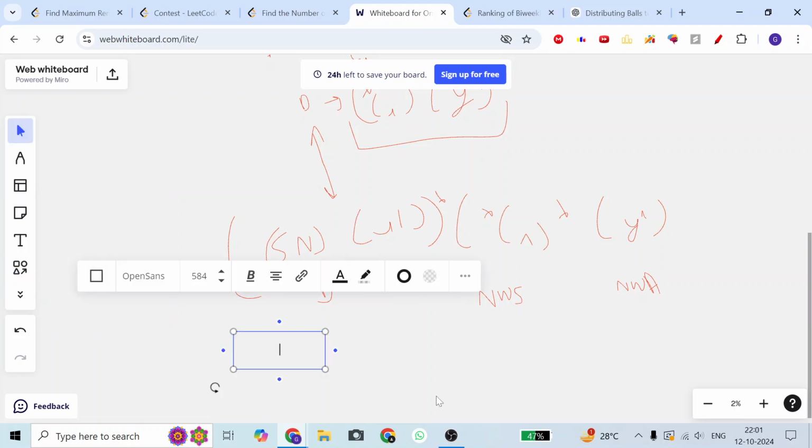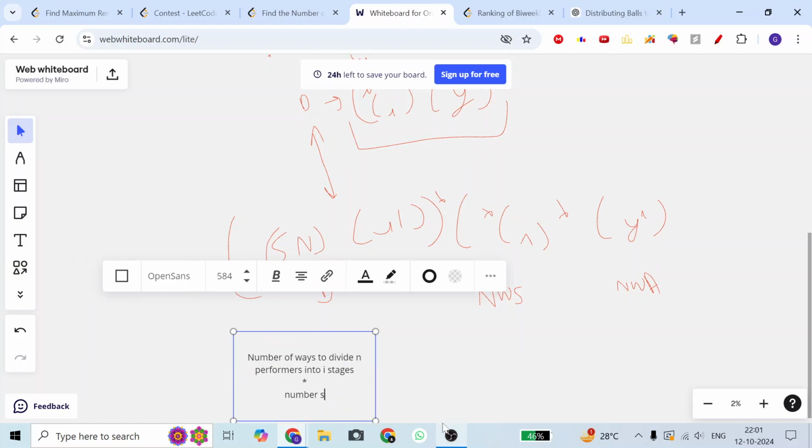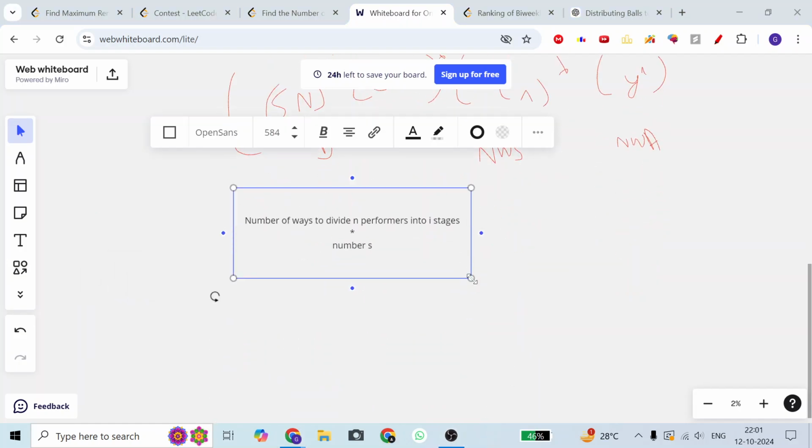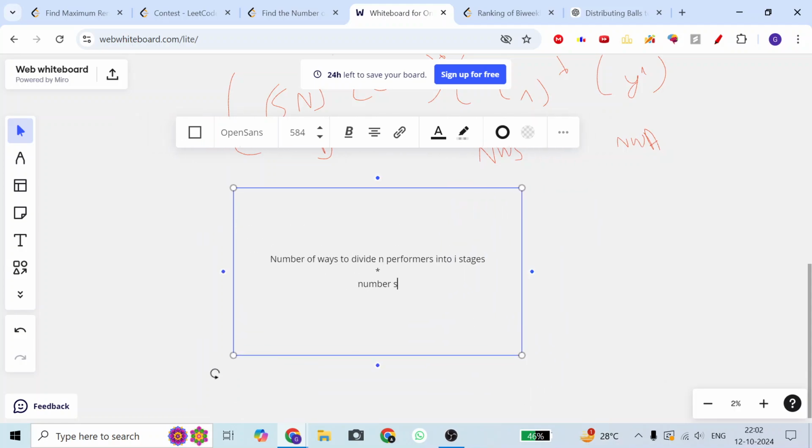Okay, so how many ways do I have in total? The number of ways to divide n performers into i groups, into i bands, basically i stages, into the number of ways to find stages.